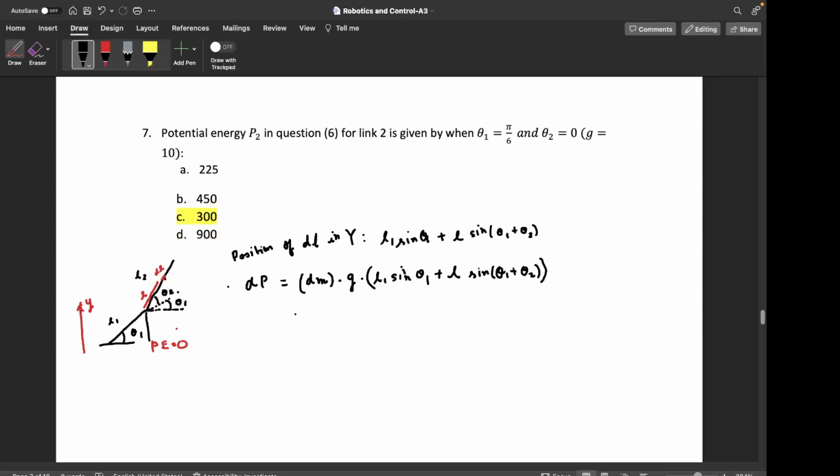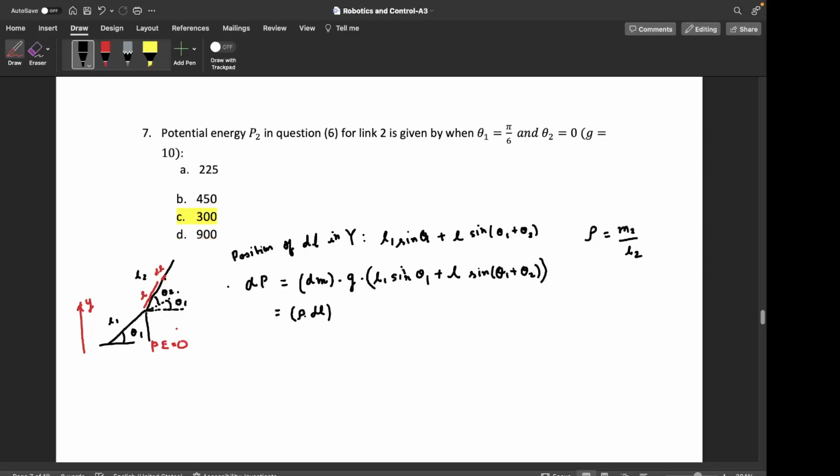Now dm we have to find out. So let's denote a quantity rho, which is basically mass of that link m2 by length of that link. So this is basically mass per unit length, and then dm can be written as rho dl, right?